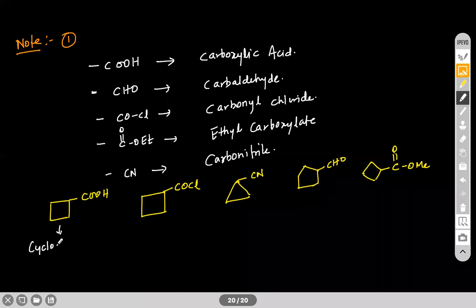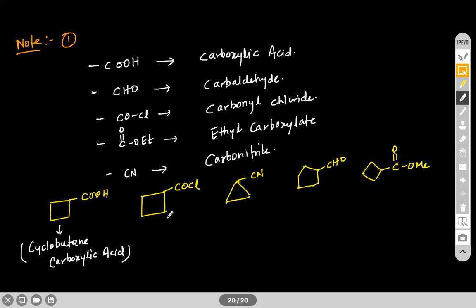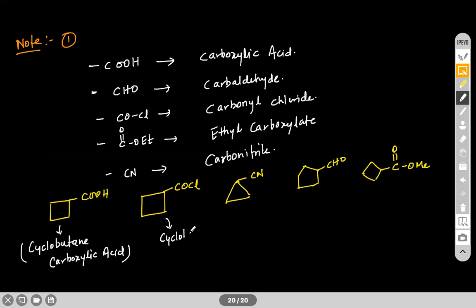cyclobutane carboxylic acid. Why this suffix? We are not using oic acid here because it is directly attached to the ring. Hence we use the suffix carboxylic acid. For this one, it is cyclobutane. Again, you see, we are not writing cyclobutyl.